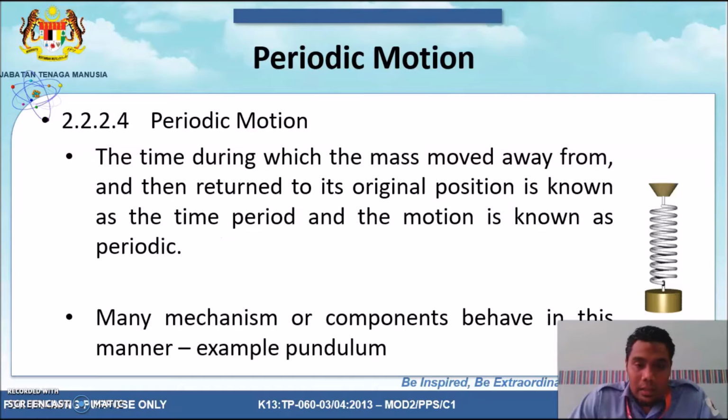Okay, we try to continue our topic today, that is periodic motion. Some masses move from one point to another point. Some move round and round. This motion has been described as a translation or rotational.